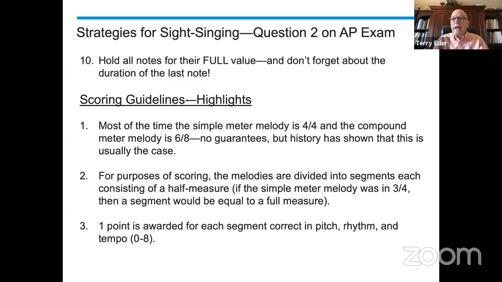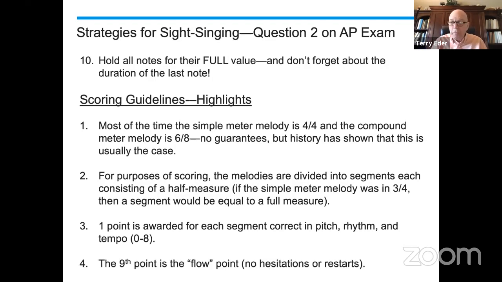So there are 8 half measures in 4 measures. And so there's 1 point for each half measure for a total of 8 points if you got them all correct in pitch, rhythm, and tempo. The 9th point is that flow point I was talking about. No hesitations, no restarts. The minute you hesitate too long or restart, then that 9th point is gone. You don't receive that point.